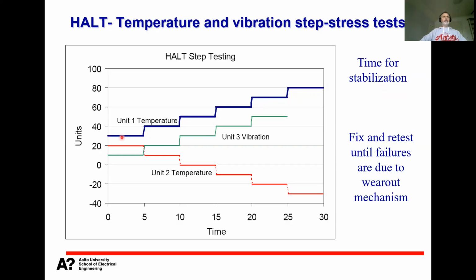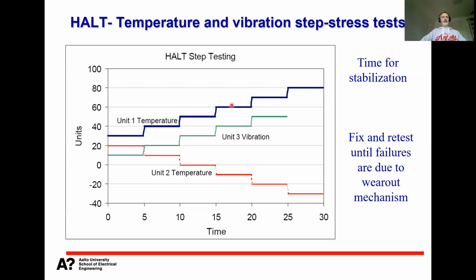And the point is that you always need to monitor if the product is functional. So for example, when you increase the temperature to 50 degrees, you do an electrical test to check that everything is working, good, it's still working. Then you jump to 60, and now you see that, okay, in your testing something failed.